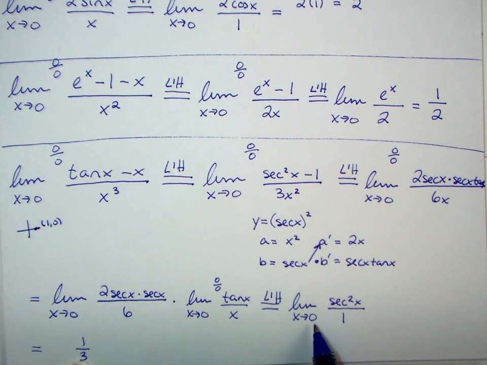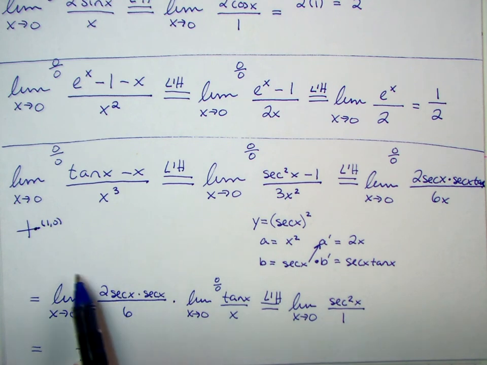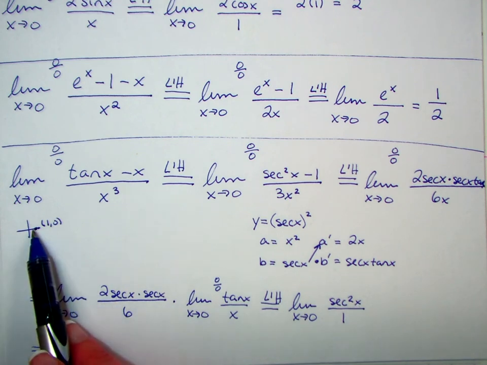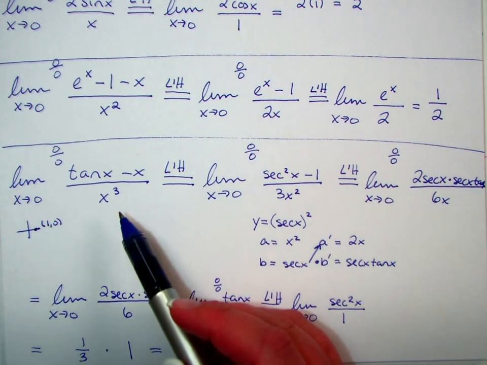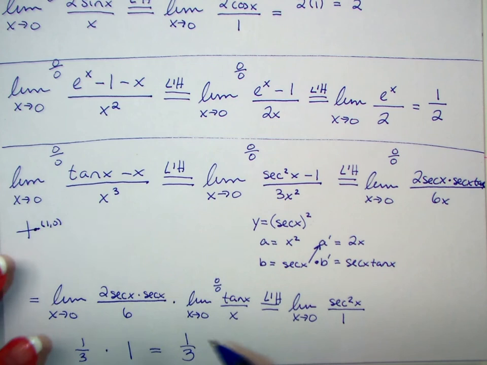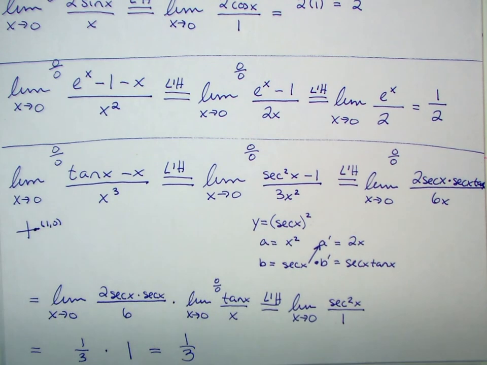So we're going to get the limit as x approaches 0 of secant squared over 1. So secant of 0, for a millionth time today, is 1. You're going to see that a lot. So 1 over 1 is 1. So we're going to get 1/3 times 1, which is 1/3, right? Which means that x cubed goes to 0 3 times faster than tan x minus x.